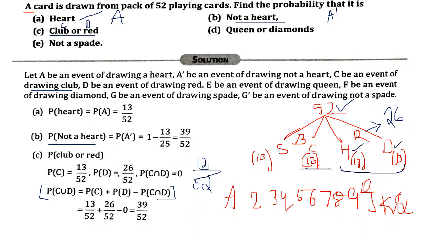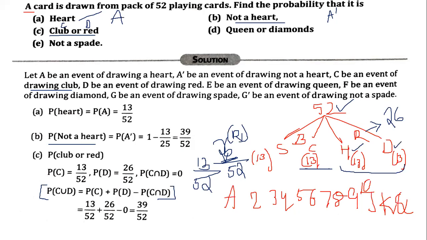First of all, we have to check how many red color cards are there. The red color cards are heart plus diamond, which is 13 plus 13, which is 26 cards. So out of 52 total cards, if you want to draw red color cards, then you have 26 options. It may be hearts, it may be diamonds. They have only mentioned red color card.